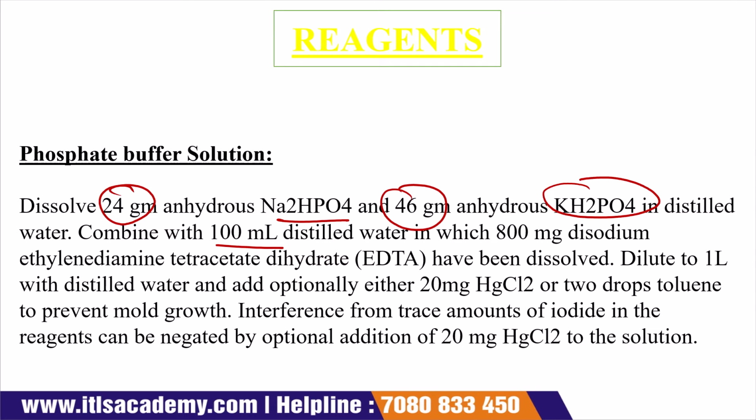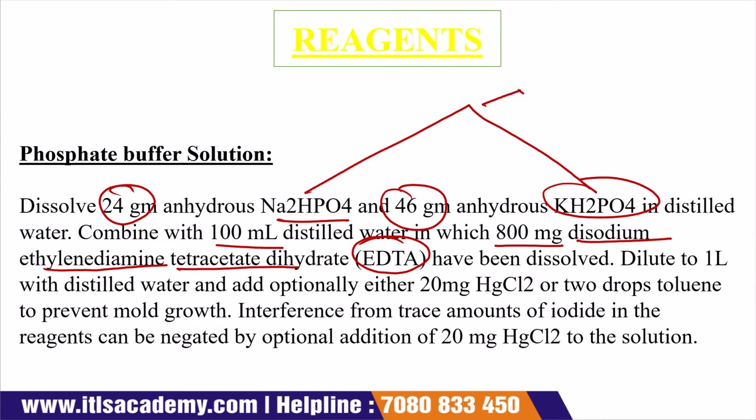Then again we take 100 ml of distilled water and dissolve 800 milligrams of disodium ethylenediamine tetraacetate dihydrate, EDTA. First of all, we take these two components and dissolve them in 100 ml of distilled water. Then we take the EDTA and dissolve it in 100 ml of distilled water.